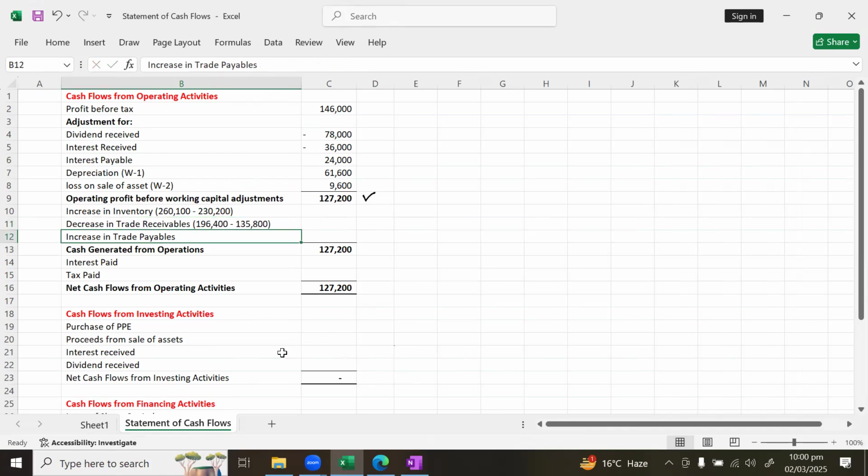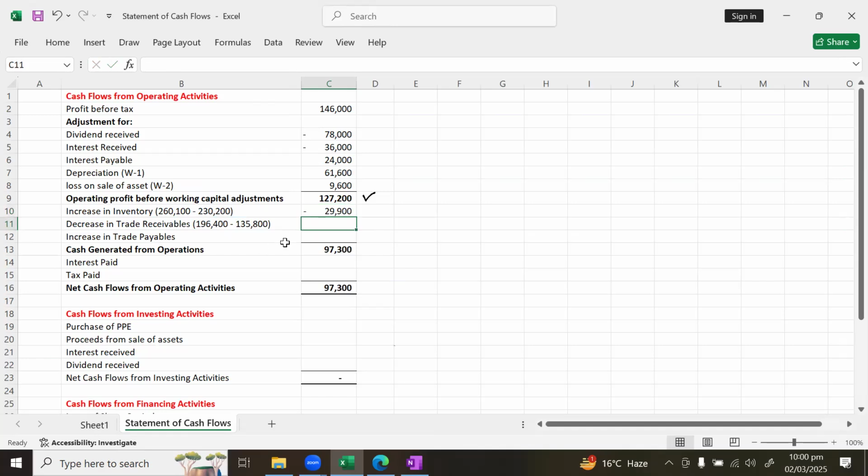Let us conclude these two first. 260,100 minus 230,200 is an increase in inventory, so it will be a minus figure, a cash outflow.